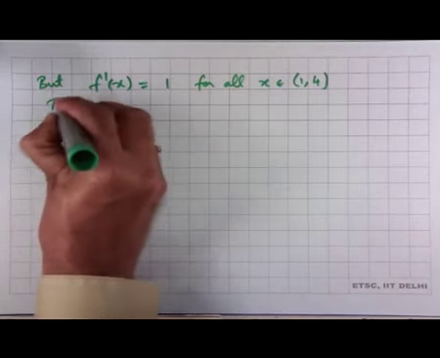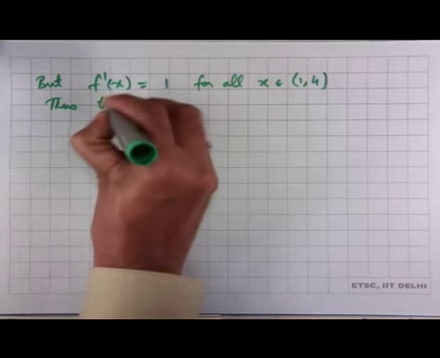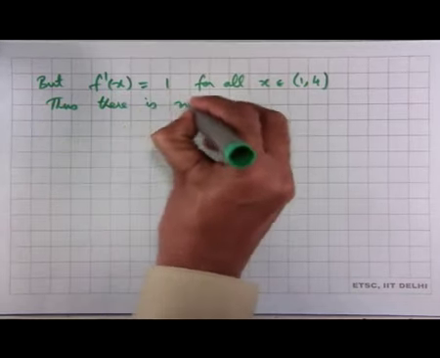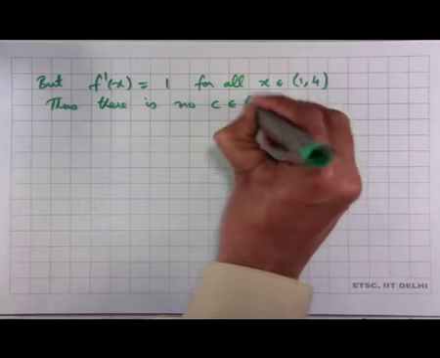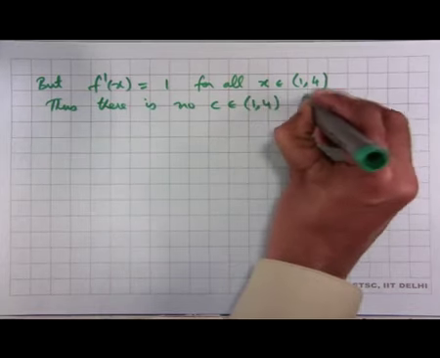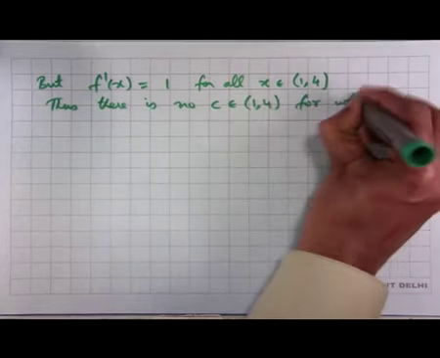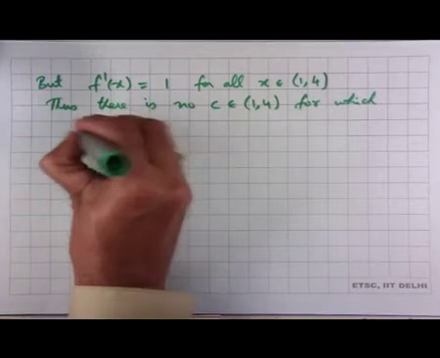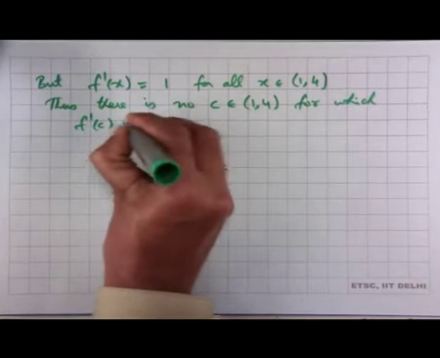Thus, there is no c in 1 4 for which f prime c is equal to 0.